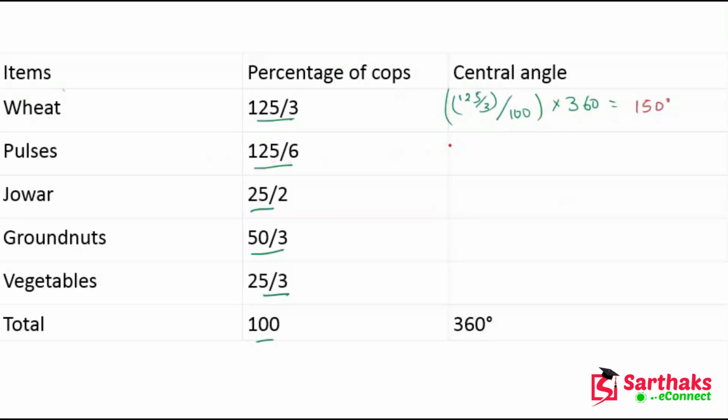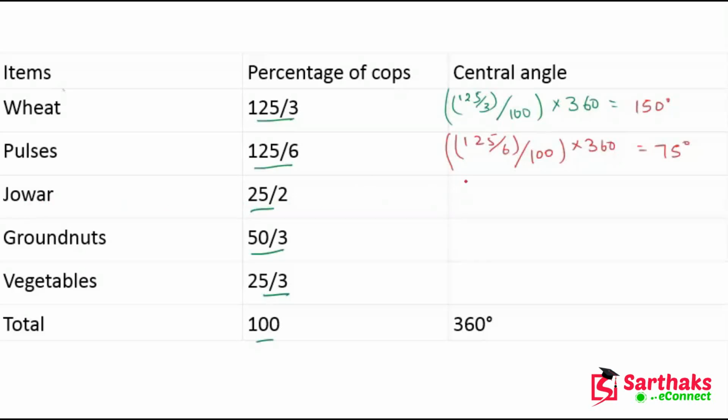Now for the angle of pulses, here is 125 upon 6, divided by 100, multiplied by 360 degrees. After solving this, we get 75 degrees.